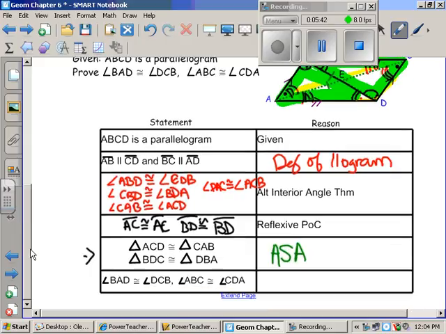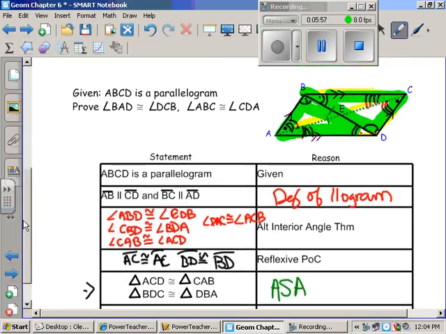Now, once I have the triangles are congruent, then pieces of those triangles are congruent by CPCTC. And so we've just proved that the opposite angles, this angle and this angle are congruent, and this angle and this angle are congruent. Opposite angles of a parallelogram are congruent.